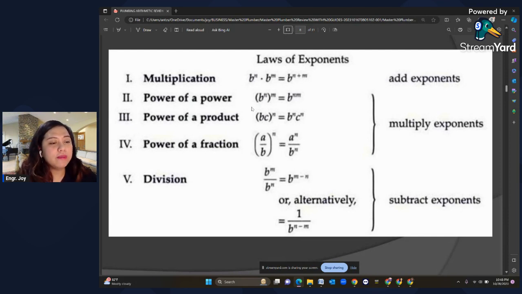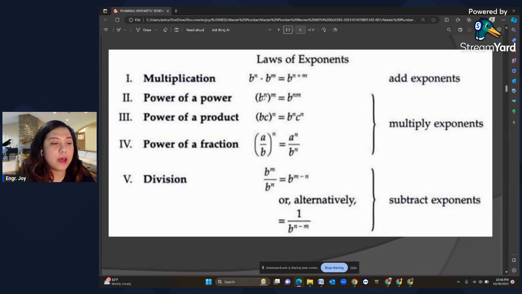Power of a power, b raised to m, raised to n. You will multiply the exponents, that's why it becomes b raised to m times n. And the power of a product, bc raised to n, is equals to b raised to n and c raised to n. So, nakita ninyo na distribute.